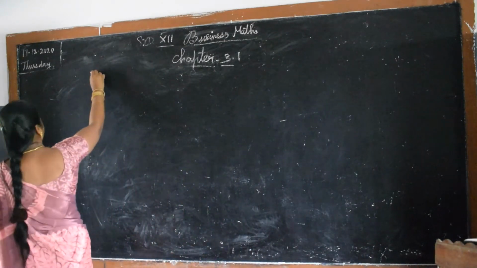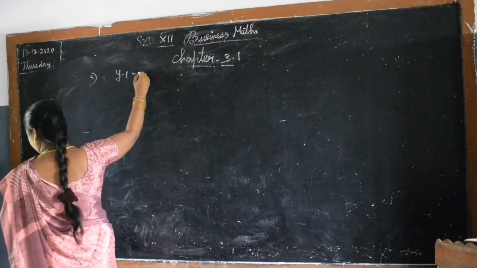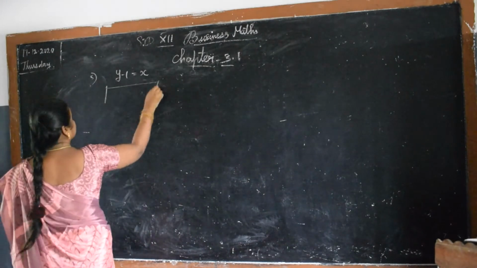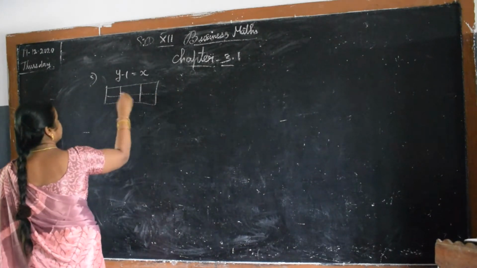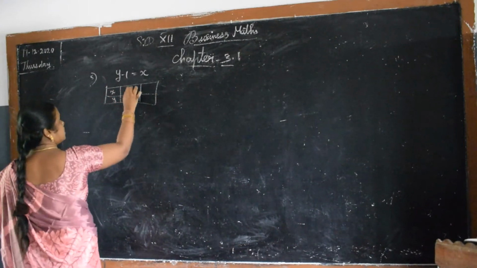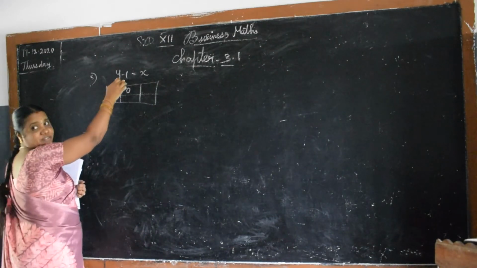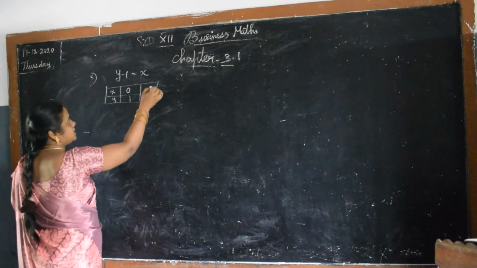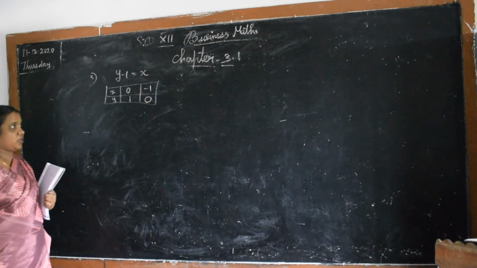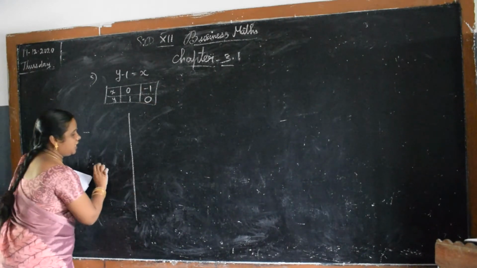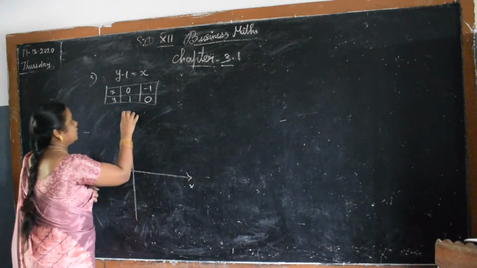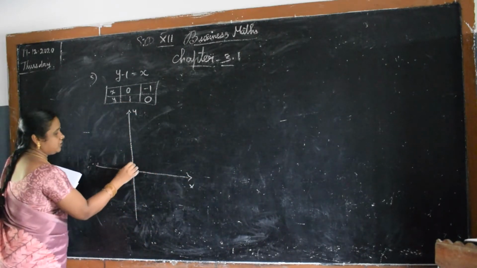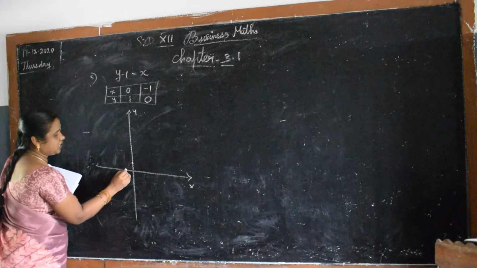See what is given. y minus 1 is equal to x. Just substitute and find first two values here. x, y. If x is equal to 0, putting x as 0, what is the value of y here? 1. Suppose if y is 0, our value of x is minus 1. Okay. Now with the help of the data, you can draw the diagram. 0, 1 here. Next, minus 1, 0.